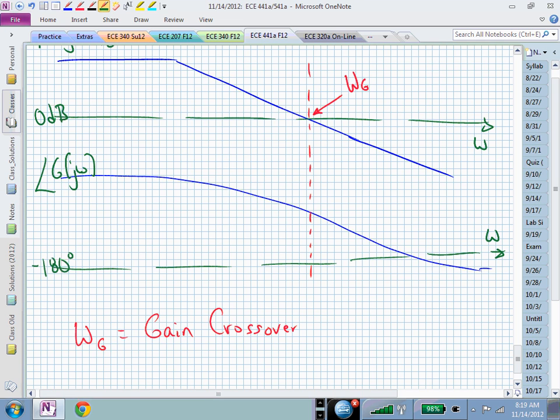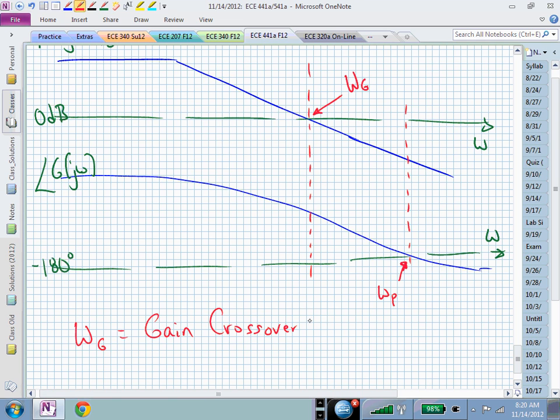And I also have this frequency of interest where my phase curve crosses minus 180 degrees, and I'll call that my phase crossover frequency.